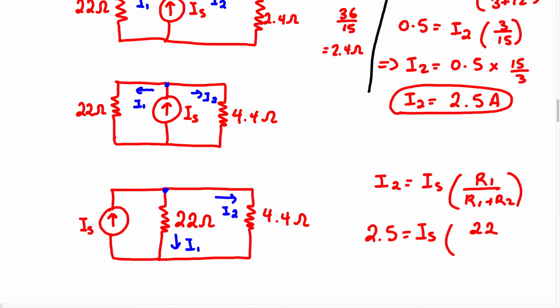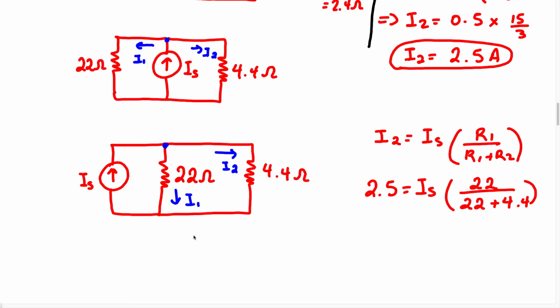So we have 22 over 22 plus 4.4. When you start to simplify this, we get 2.5 equals the current IS multiplied by 22 over 26.4.